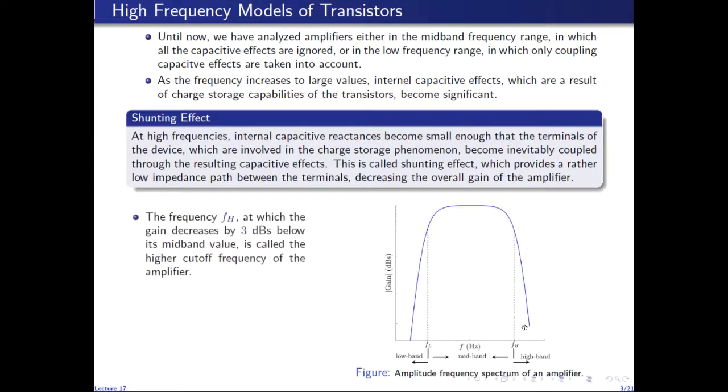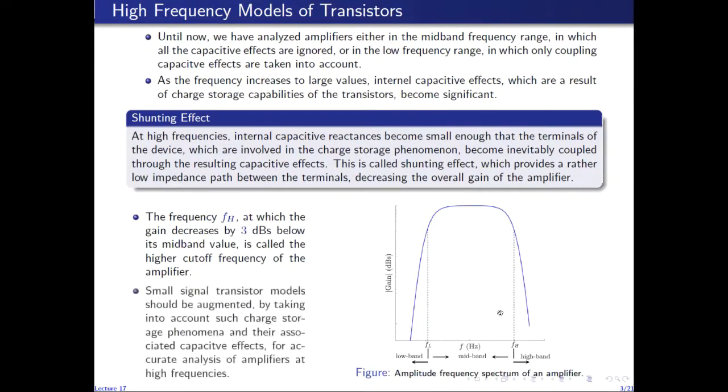So the frequency on the higher side at which the gain drops below the mid-band value by 3 dBs is called the higher cutoff frequency. So this FH is now the higher cutoff or higher 3 dB frequency.